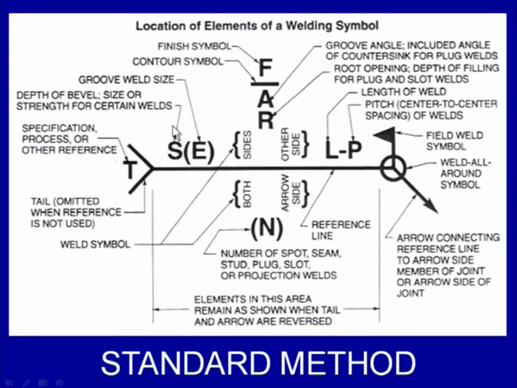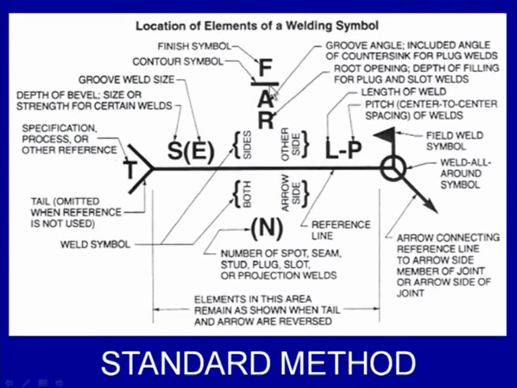And here S indicates the size. On the left side of the weld symbol we have the size of the weld to be made, or the strength for a certain weld is mentioned. Then the groove weld size is given in brackets, and these are the different characteristics of the weld. The top one indicates the finish symbol, like machined or ground finish. Then the contour: this straight line shows flat, meaning all the weld reinforcement is removed.